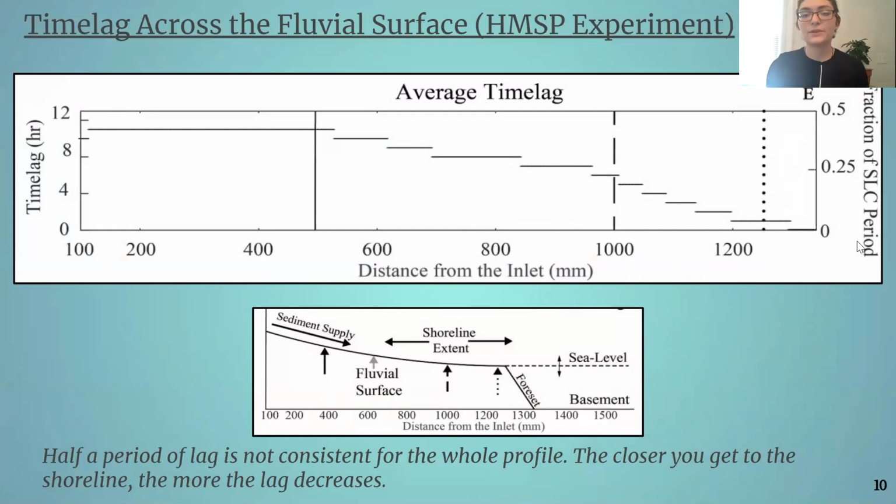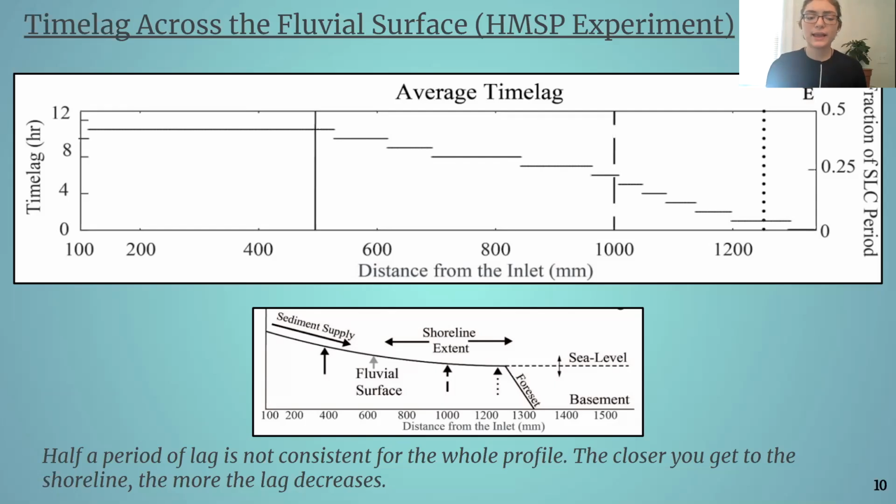So half of a sea level cycle would be represented by 0.5. And as you can see, our upstream location, this black solid line, does have roughly half a sea level cycle of lag, and for the other locations, the time lag decreases as distance to the shoreline decreases. But the whole fluvial surface is responding to changes in sea level, just at different times.